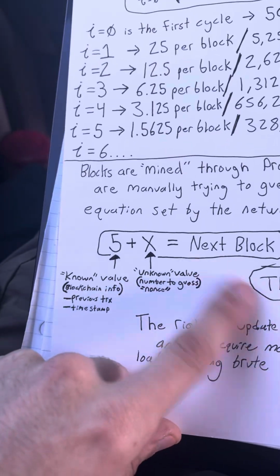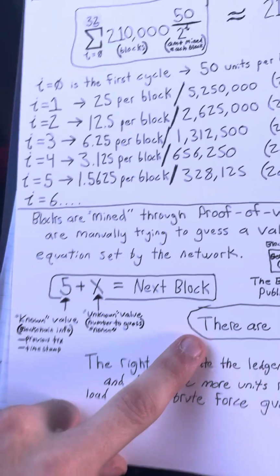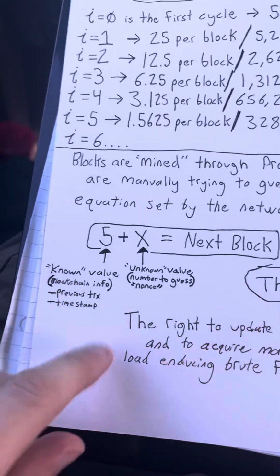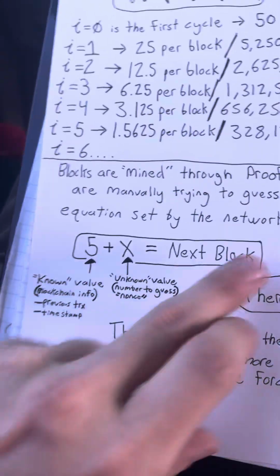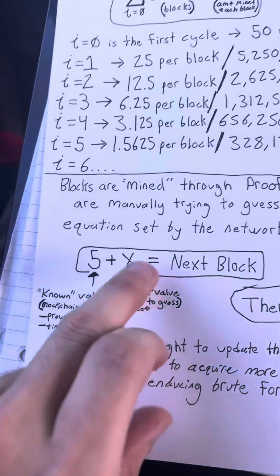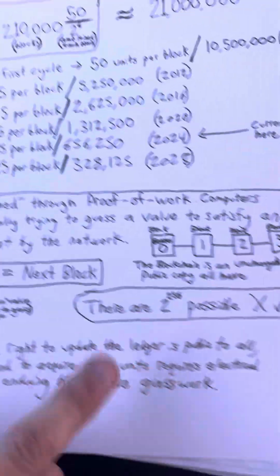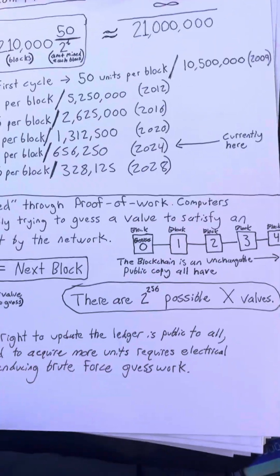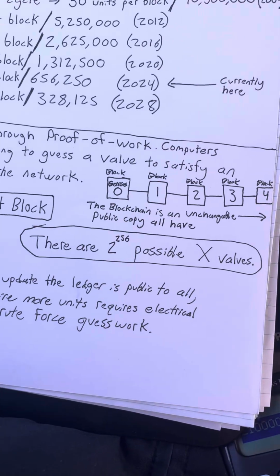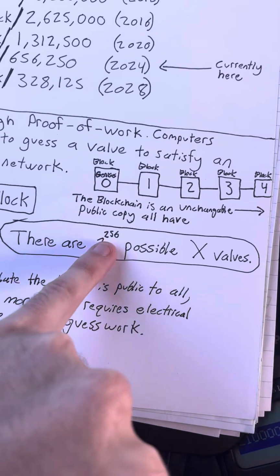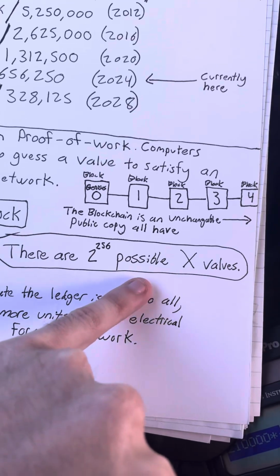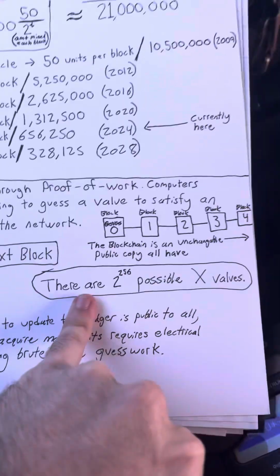Millions of people, or ASIC chips, I should say, us people aren't doing anything besides providing power, are trying to find X 24/7. Every 10 minutes, a new block is mined on approximation, but it seems like it's going steady, so that's kind of the number we use. There are 2 to the 256th possible x values.